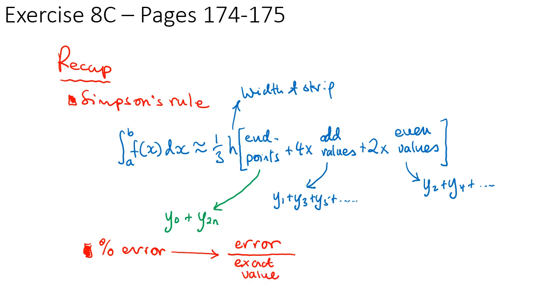So the error is going to be the difference between the exact and your estimate. And once we've divided it by the exact value, we times by 100 to give us the percentage error. So I'll just put that there just in case you've forgotten how to do that.